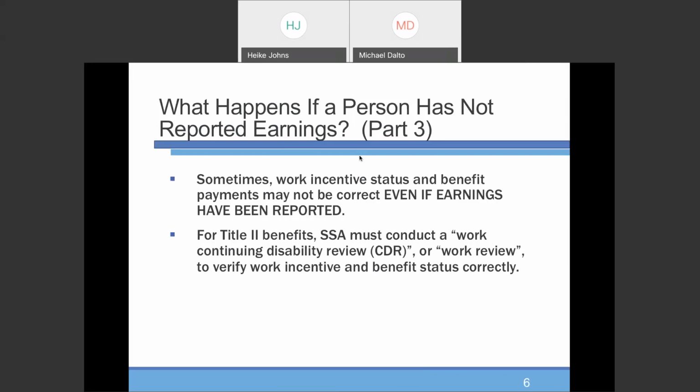If a person receives a Title II benefit and they report their earnings, that doesn't do any good unless Social Security does a work review, a work continuing disability review, also known as a work CDR, because that's the exercise Social Security needs to undergo to enter the earnings in their system.